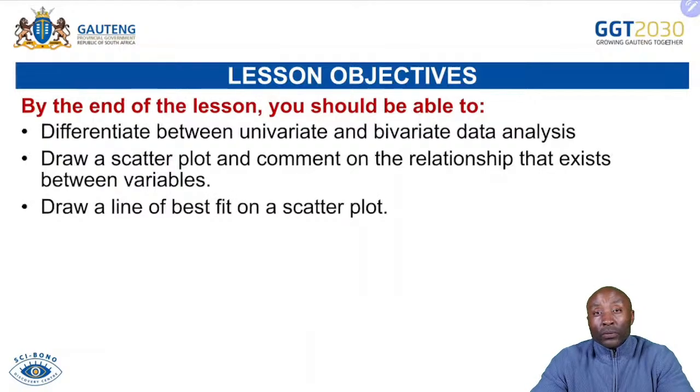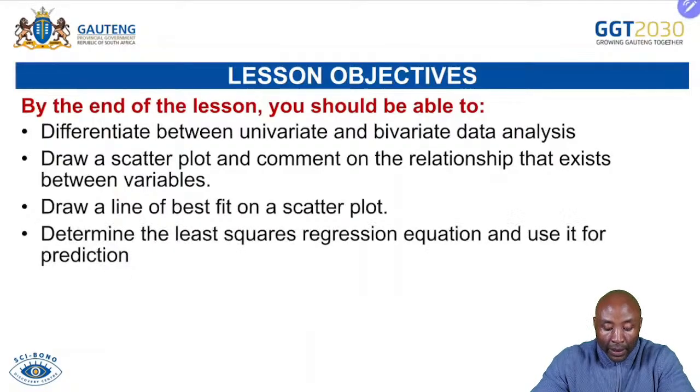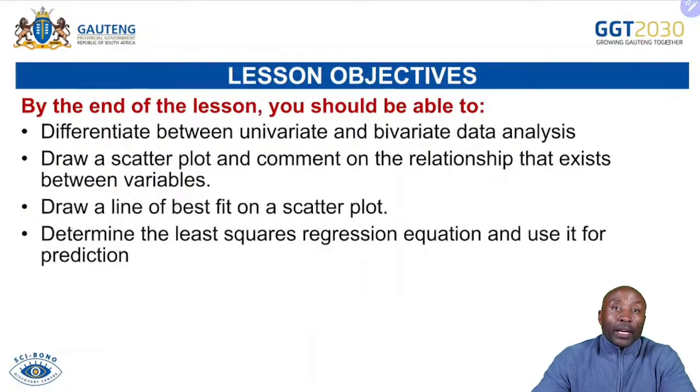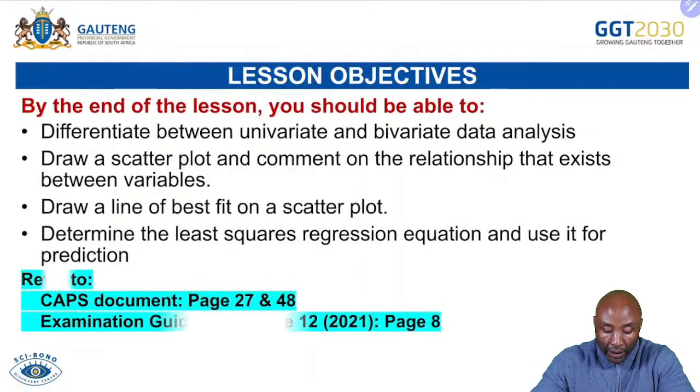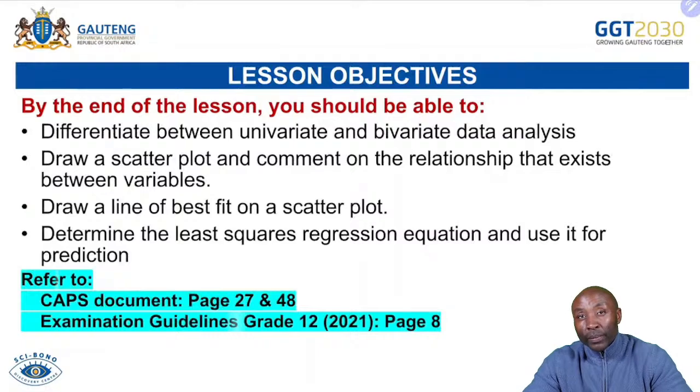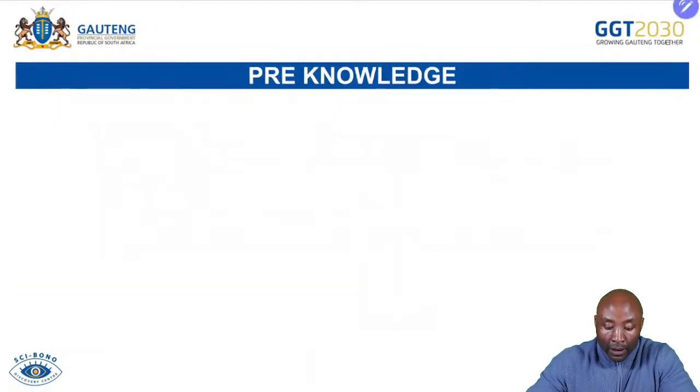We should be able to draw a line of best fit on a scatter plot, and we should be able to determine the least squares regression equation, and we use it for prediction. We can refer to our CAPS document on page 27 and 48, as well as our examination guidelines for grade 12 for 2021 on page 8.